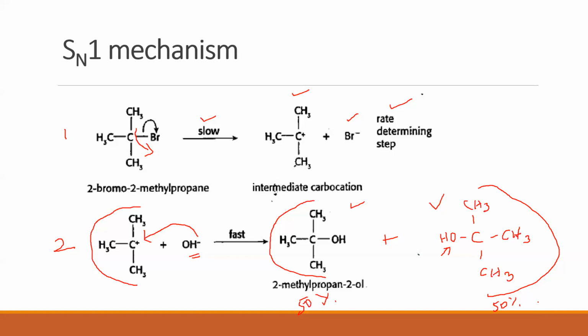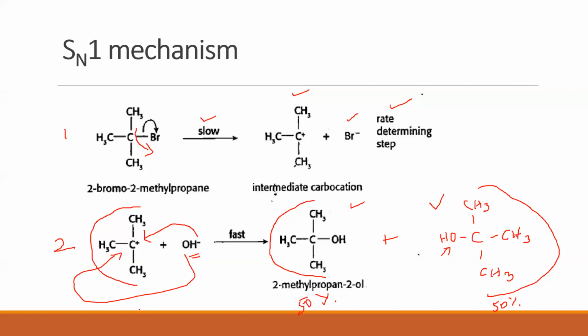Clear? I want you to think, why is this so? What makes both front side attack and back side attack possible? If the front side attack happens, I get the retained product. If the back side attack happens, I get the inverted product, which means the nucleophile is attacking both from the front and from the back side.